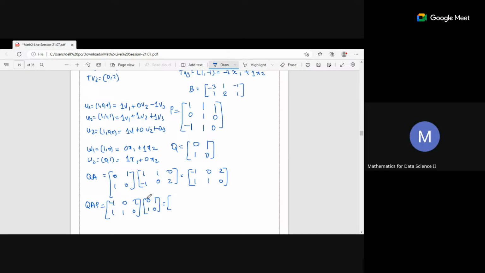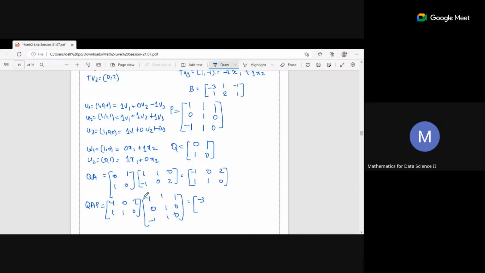Okay. So what is the matrix multiplication here? Oh, I wrote the wrong matrix. Your P is 1, 1, 1, 0, 1, 0, minus 1, 1, 1, minus 1, 1. So what is the matrix multiplication here? Minus 1, minus 2, minus 3.